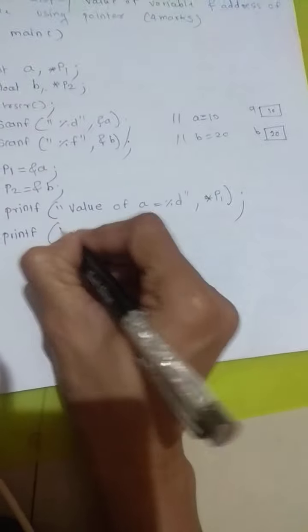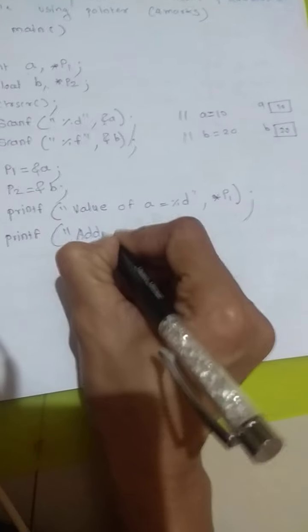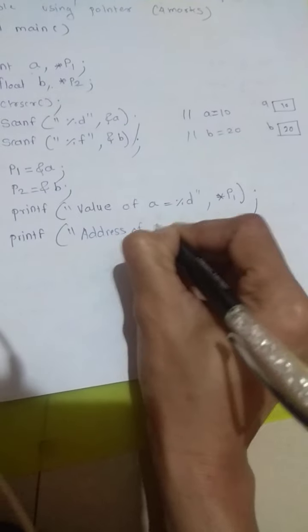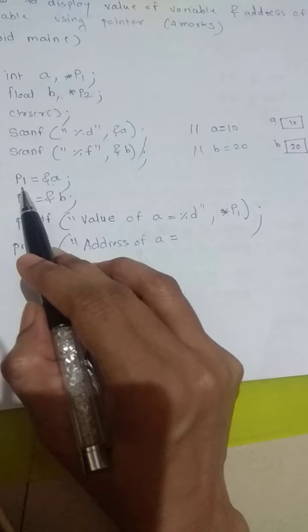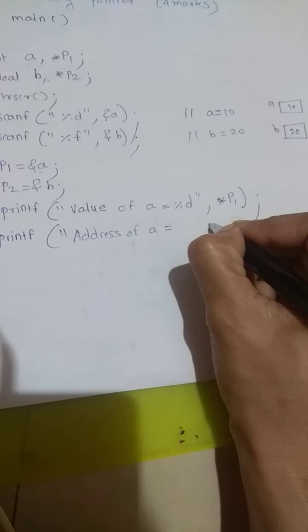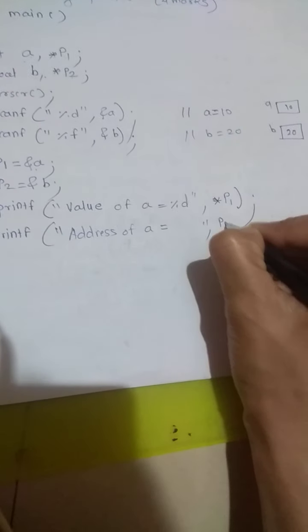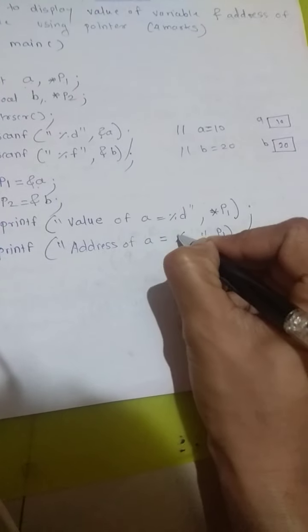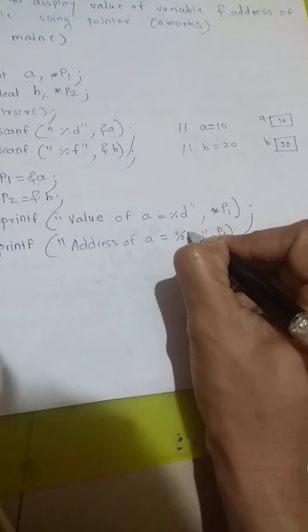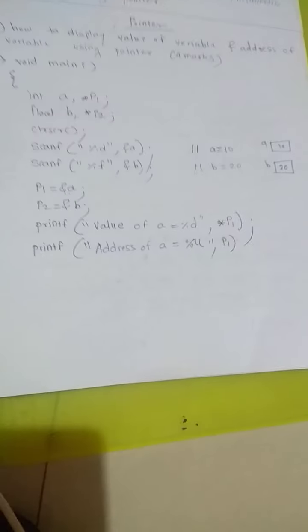Now we display the address of a. Here we store the address of a in p1, that's why we use here pointer p1. But to display the address of a variable, we use the format specifier %u.